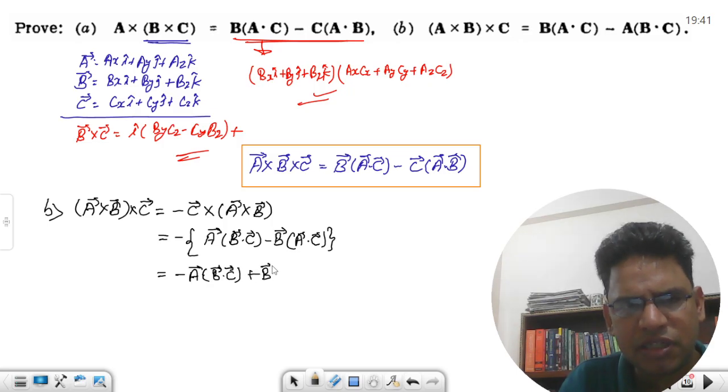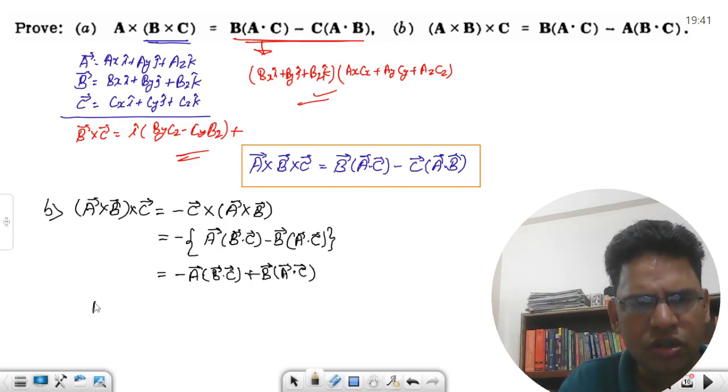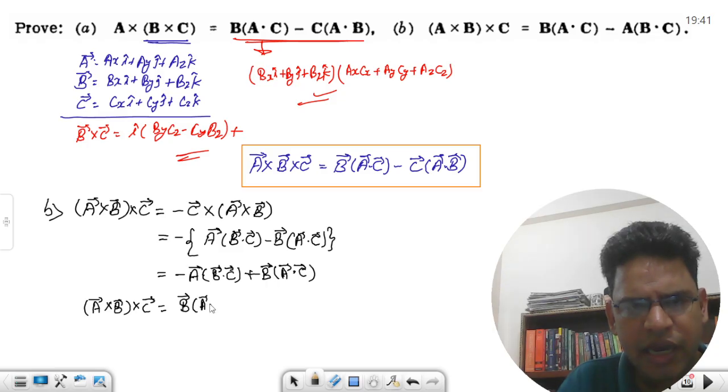Minus minus becomes plus B A dot C. So A vector cross B vector cross C vector is the same as B A dot C minus A B dot C. This is it.